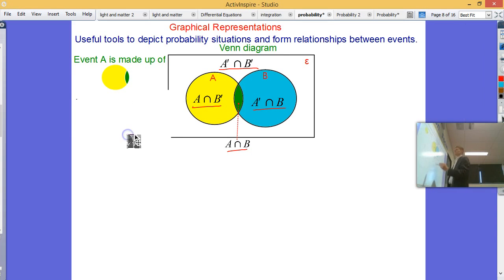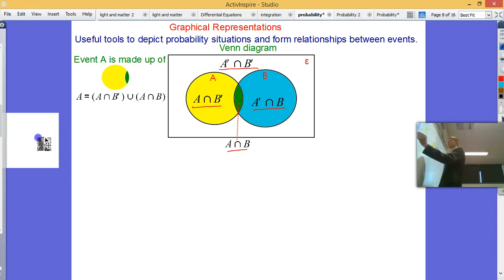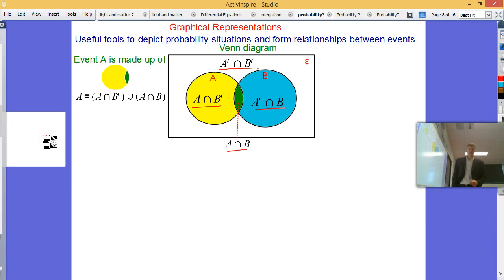So first off, the yellow, the big circle here of event A, it's made up of Mr. Yellow Pac-Man and his green lunch. So A, being event A, the whole circle, is this event, A intersect B naught, union with, joined together, A intersect B. Now, if I'm interested in the probability of A, it is about using my addition rule of probability, because I've got 2 events that I'm taking the union of.